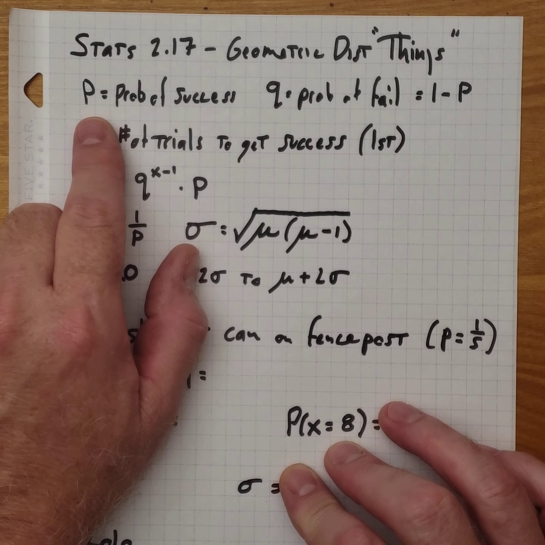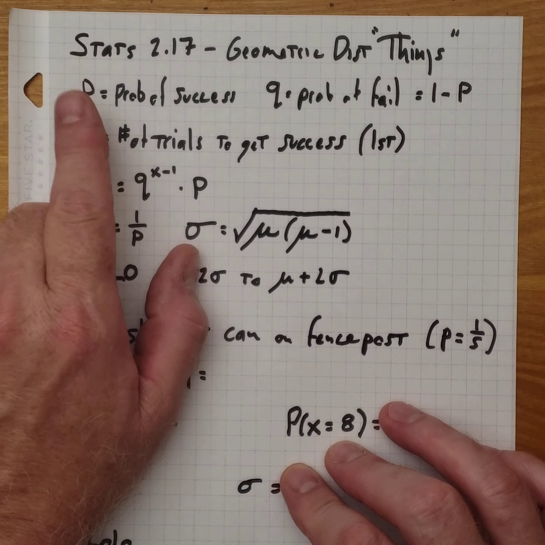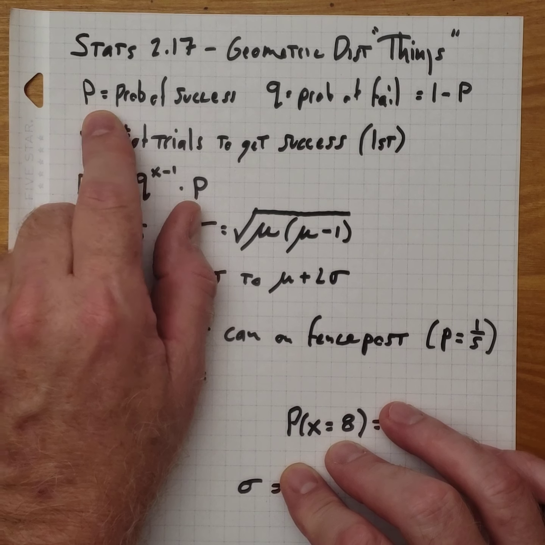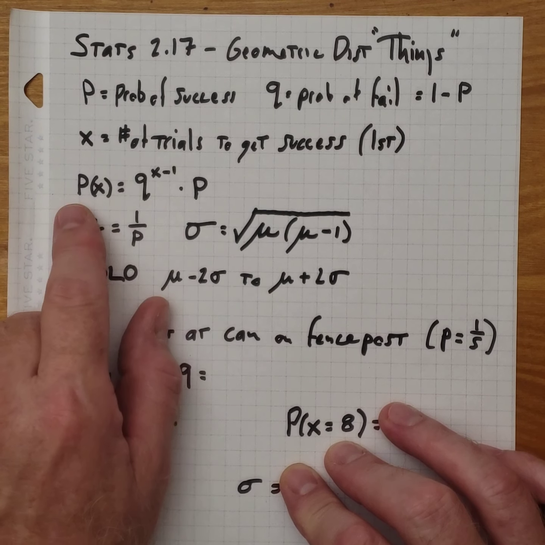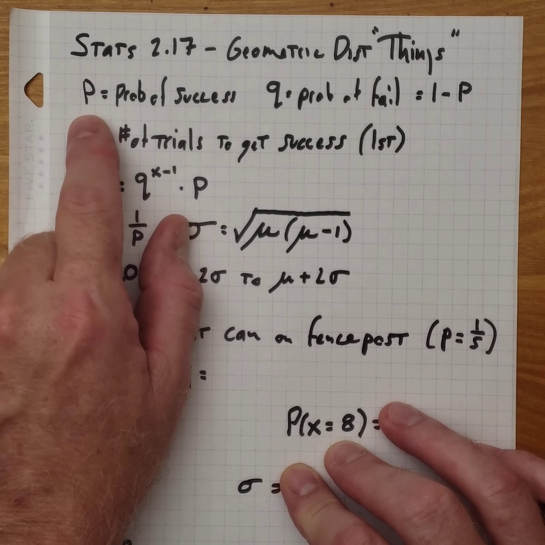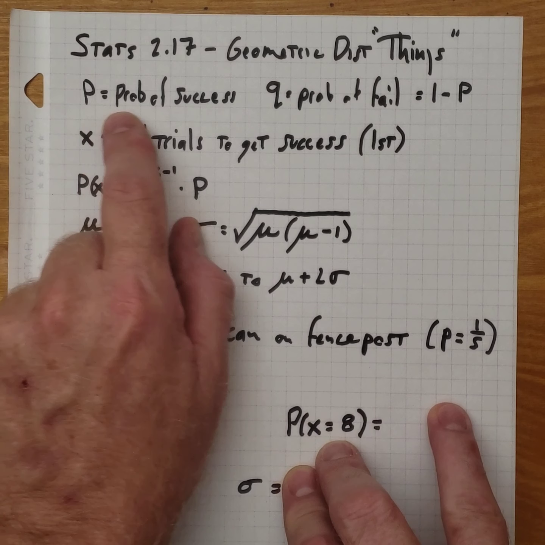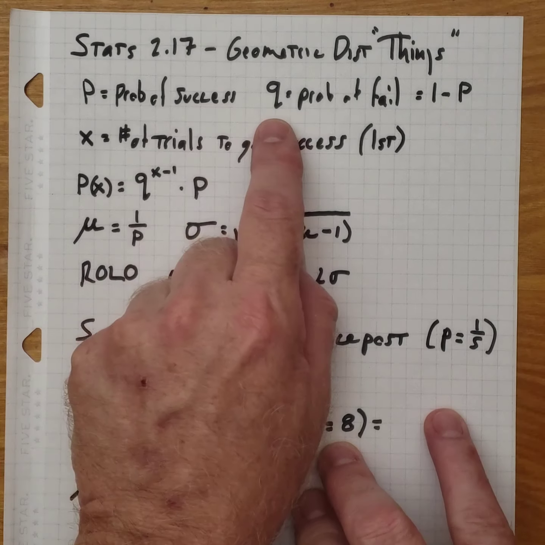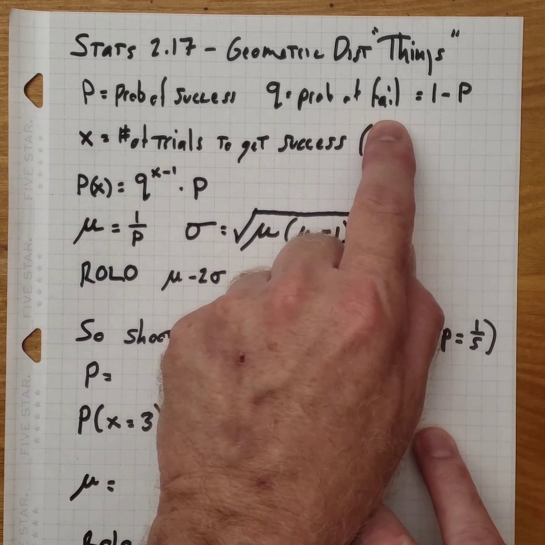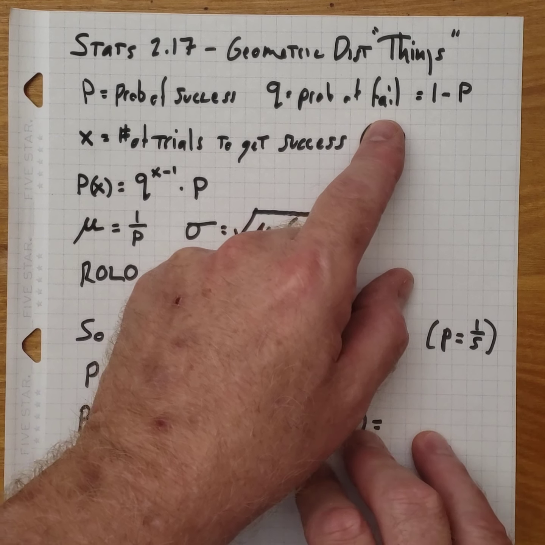When we're talking about our probability distributions, p by itself is the probability of success as opposed to P of X. So lowercase p, that's the probability of success. Q represents the probability of failure, and this is on each trial, right?